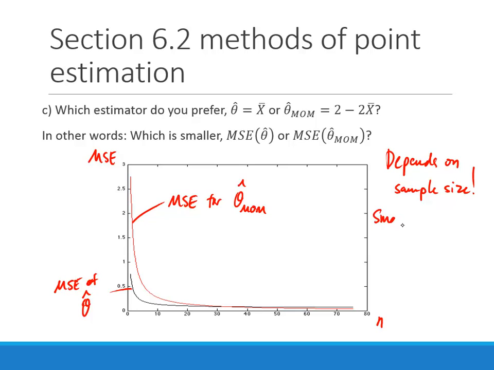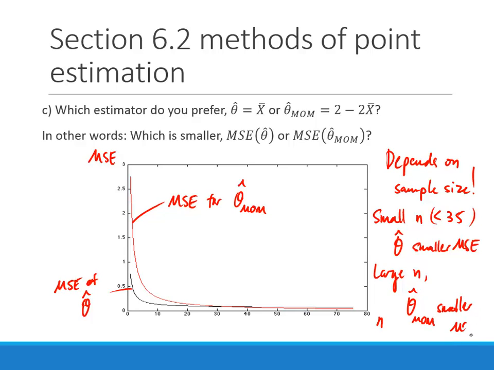For small n, if n is less than about 35, we might go with theta hat, which has smaller MSE, and for large n, the method of moments has smaller MSE.